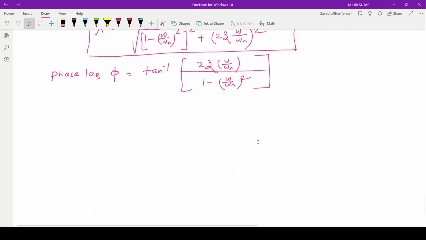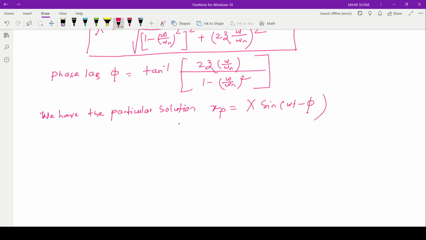Now we have the particular solution xp as x sine omega t minus phi.